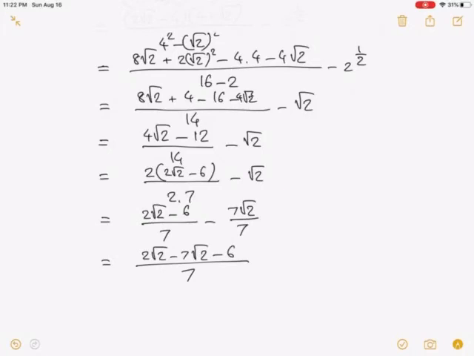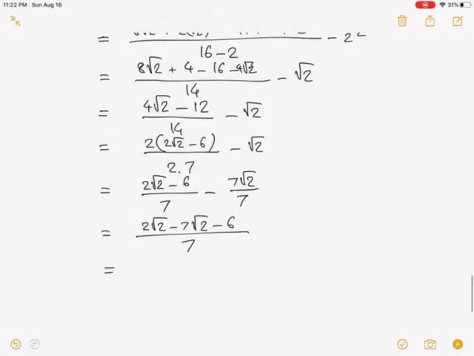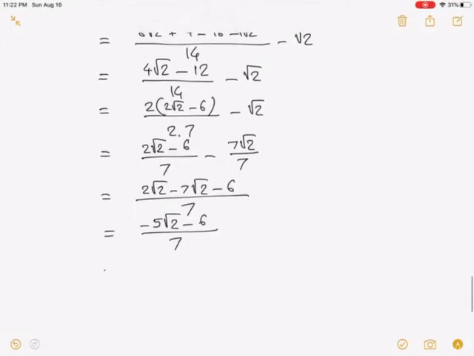So 2 square root of 2 minus 7 square root of 2 minus 6. So this is minus 5 square root of 2 minus 6 over 7. Or we could write it as minus of 6 plus 5 square root of 2 over 7.